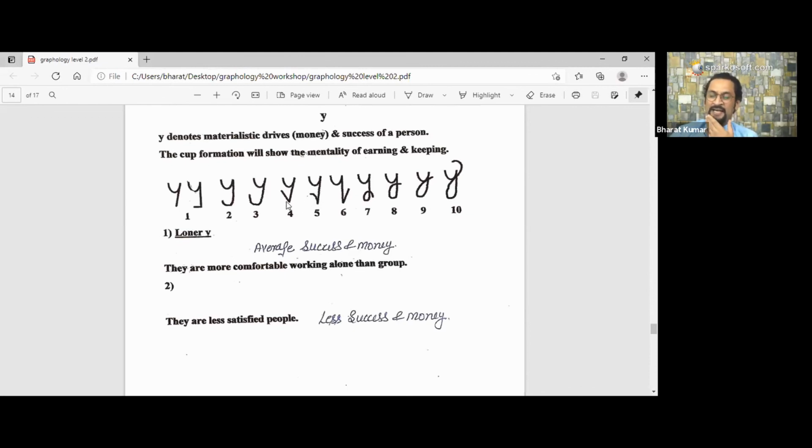And direction is in the side of past. Left is related with the past. So they are having past side directed loop. So it denotes anger, stress to the success and money aspect. And they have success related anger.